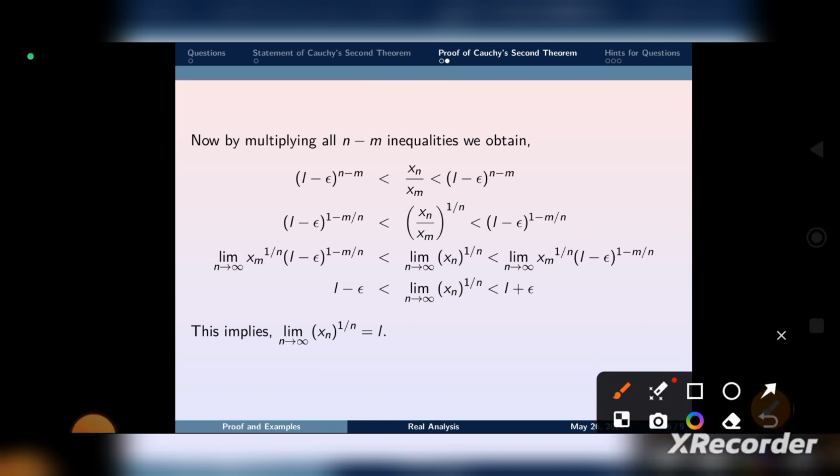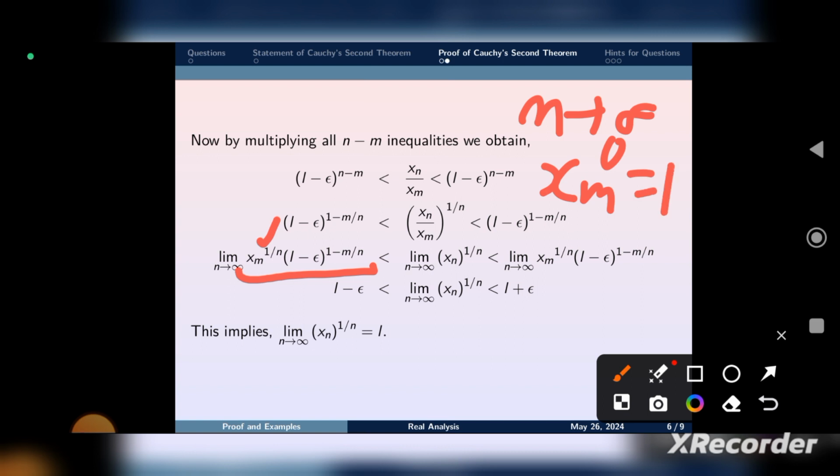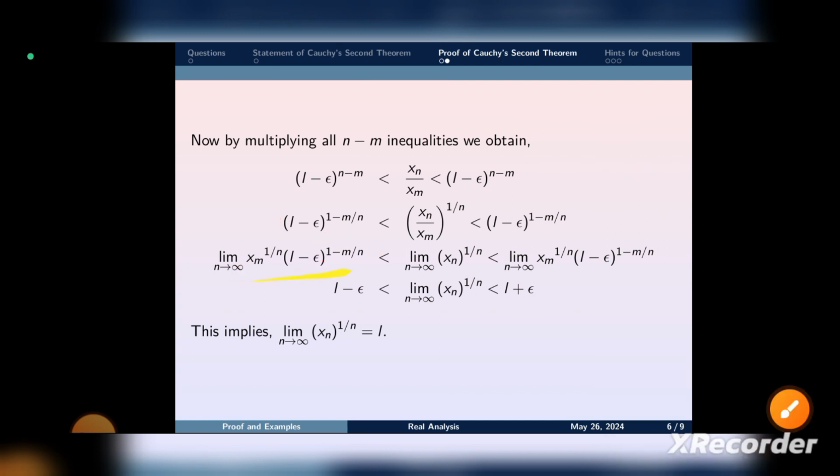Now we will calculate this limit. As n tends to infinity, 1 by n tends to 0, so xm raised to power 0 is 1. Similarly, when n tends to infinity, this term tends to 1, so the left hand side converges to L minus epsilon.